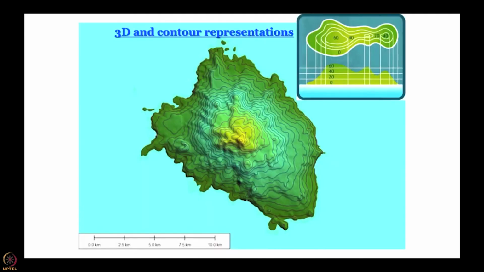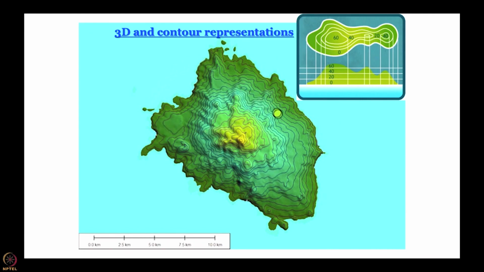Now, the way we represent this is by using a 3-dimensional representation, and since we cannot represent it unless we draw a model, if you want to draw on paper, the most convenient way of doing it is to use contours. Those who have studied geography to some extent, or those who are interested in maps, will have seen maps like this.